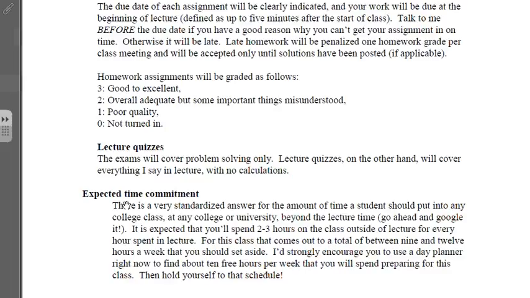Better than you probably do in a lot of other classes, where you have a bigger amount of stuff that you're responsible for. In this class, I'm not going to give you an amount of work that's going to take a huge amount of time.